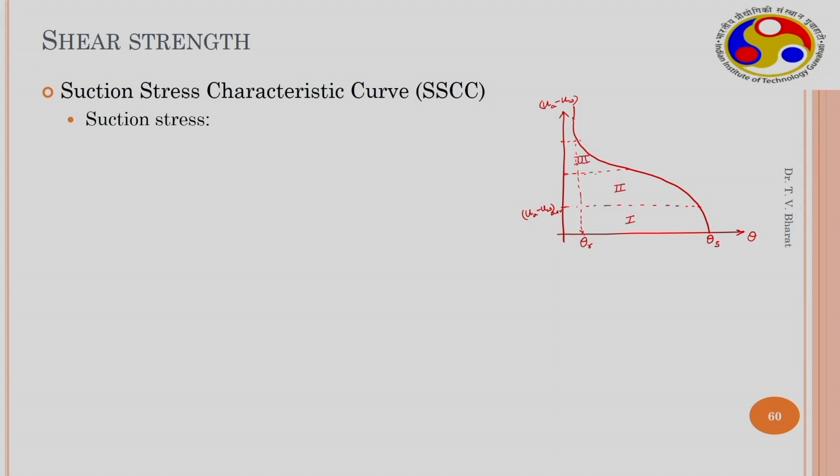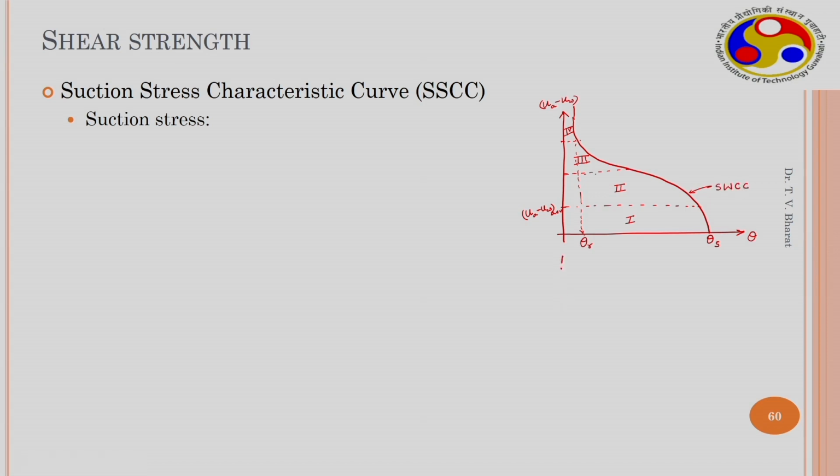The third stage is where the rate of decrease in water content starts decreasing. The fourth stage is the residual stage, where water is held around the particles in hydration. This is the hydration stage where water is available as a thin film around the clay platelets. So, this is the SWCC, the soil water characteristic curve.